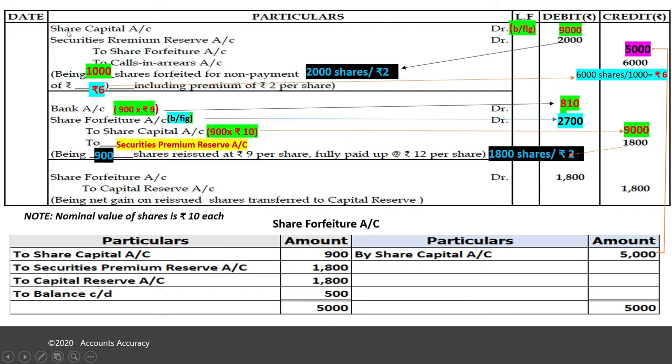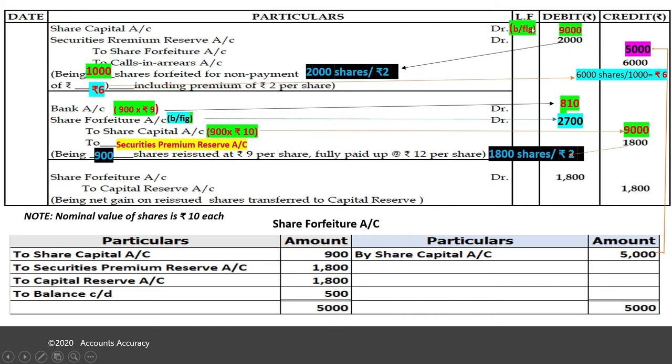And you can see here the journal is given over here, that is share capital account to share forfeiture account. So obviously this 5,000 would be the value of forfeiture account, because while posting in this ledger we know that the journal would be share capital account to share forfeiture account. So hence this is the value of share forfeiture account.